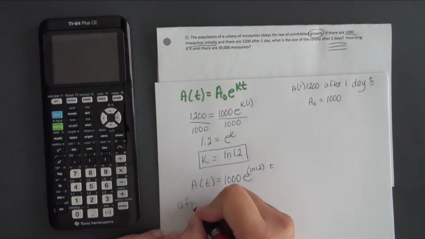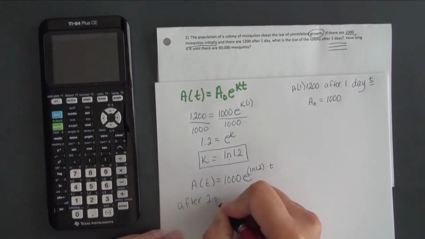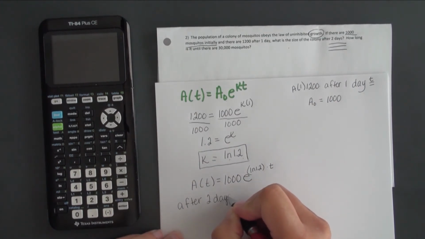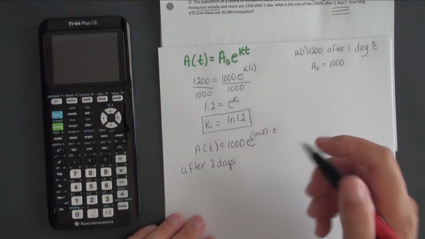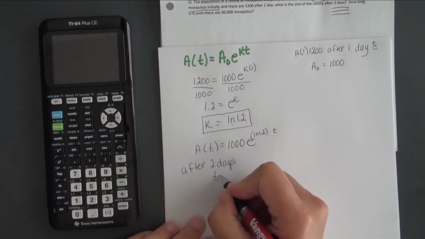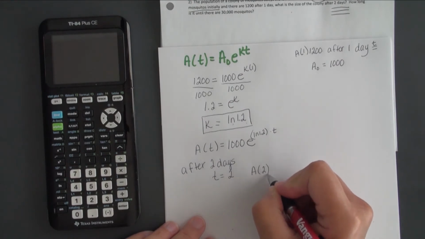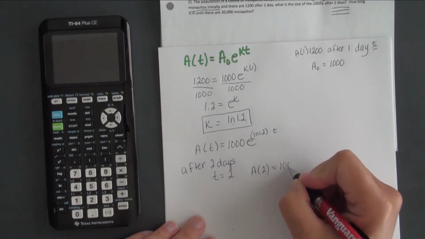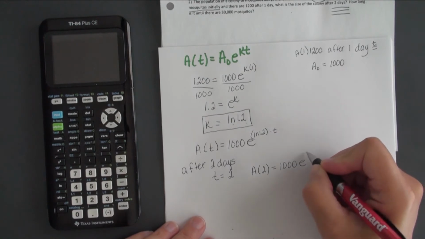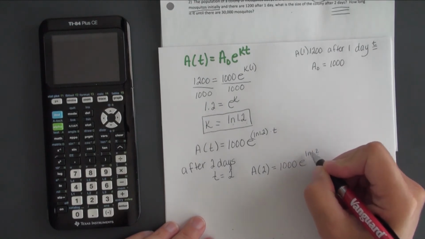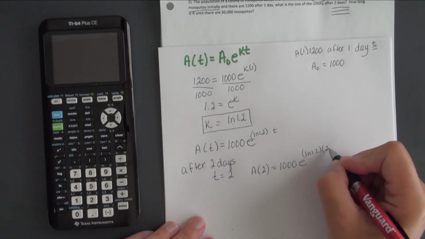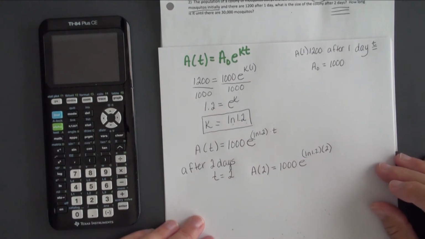So after 2 days, we're going to substitute in T equals 2, and I'll have the amount after 2 days is equal to 1,000 times e to the natural log of 1.2 times 2.